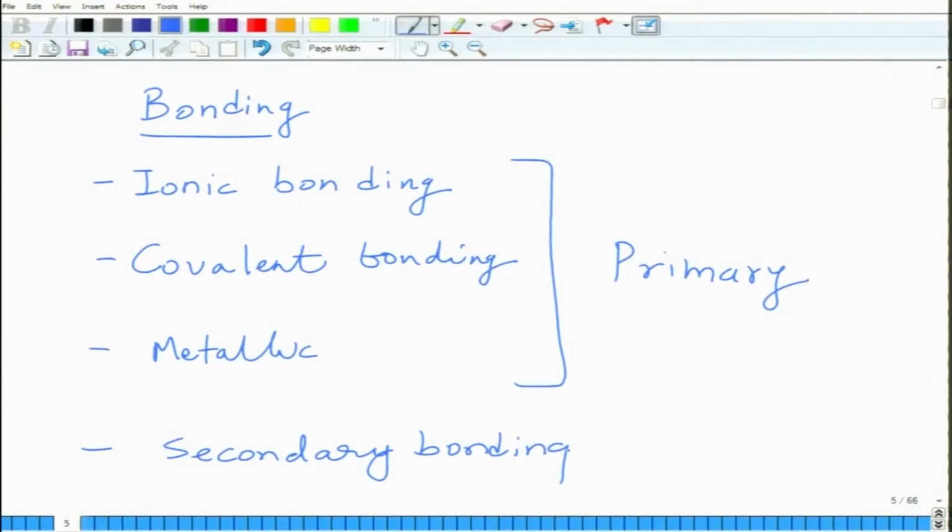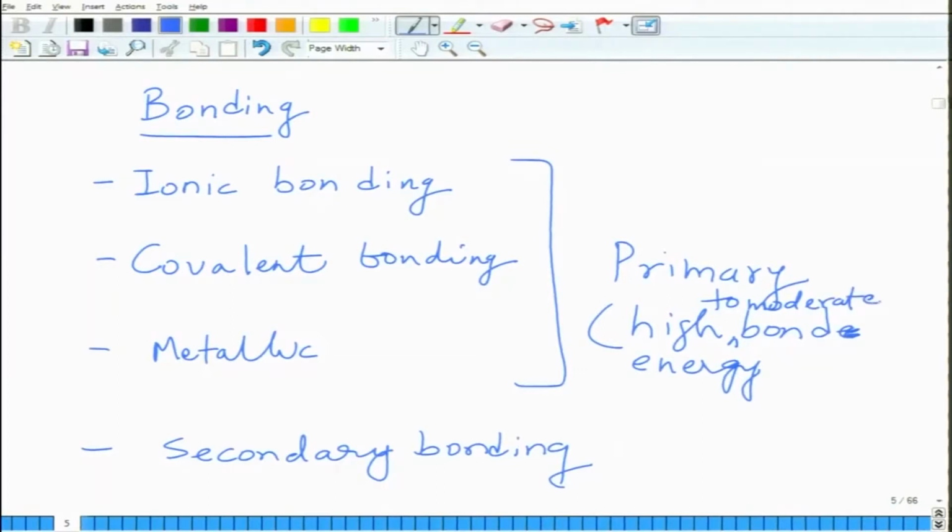And the reason for this classification is because primary bonding is typically characterized by high to moderate bond energy, and secondary bonding is characterized by low bond energy.